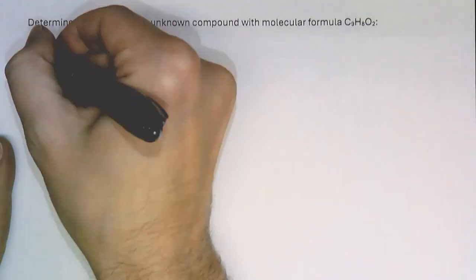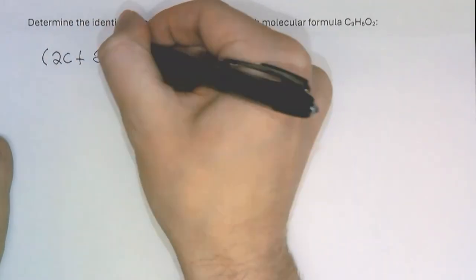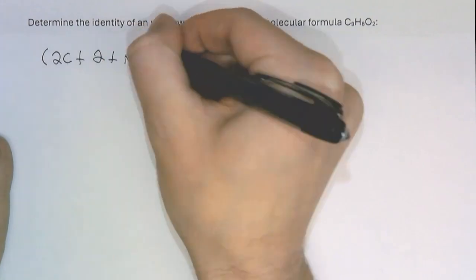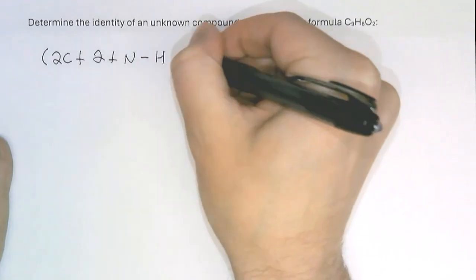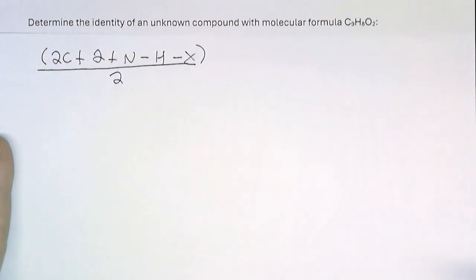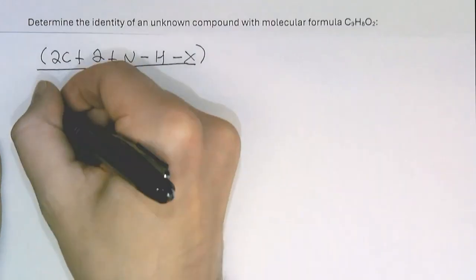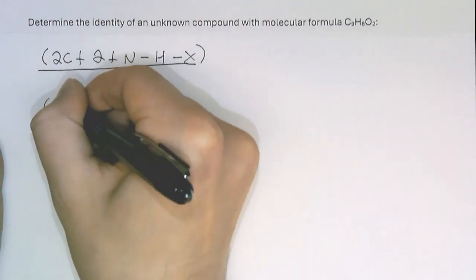We can use the formula learned in Chem 2123 to help us determine the degrees of unsaturation in the molecule. So our formula for degrees of unsaturation is 2 times carbon plus 2 plus N minus H minus X, all divided by 2. Now let's put the values from the molecular formula into this equation.